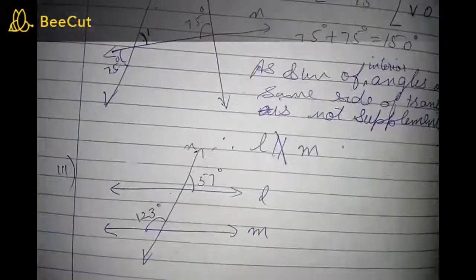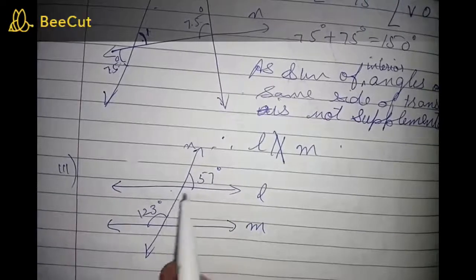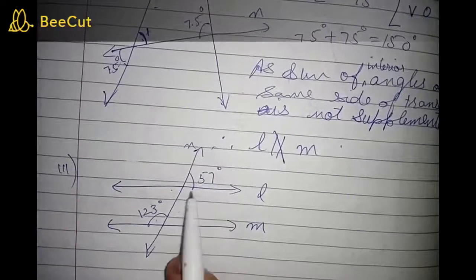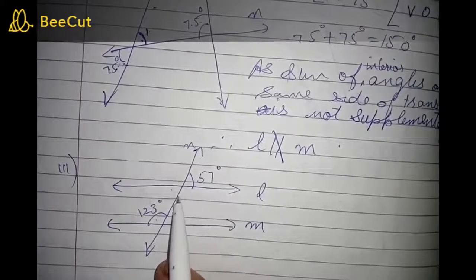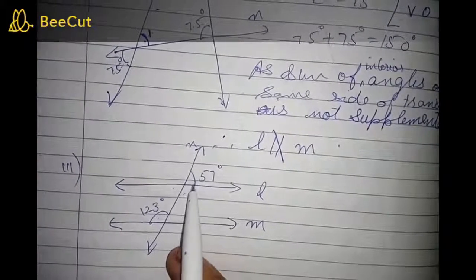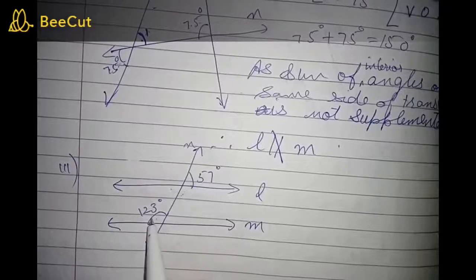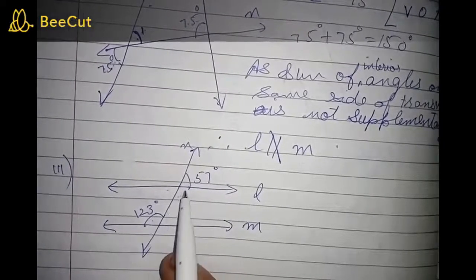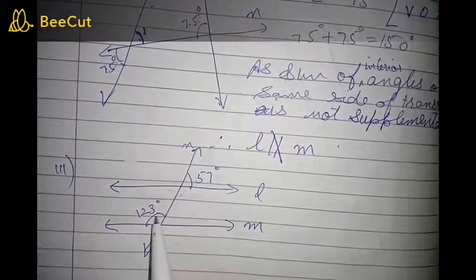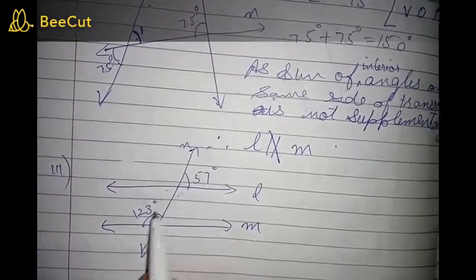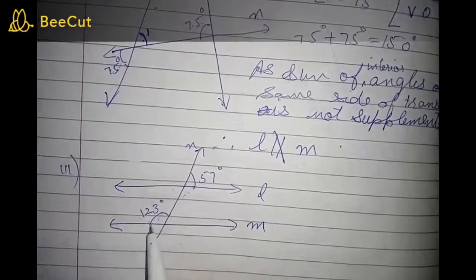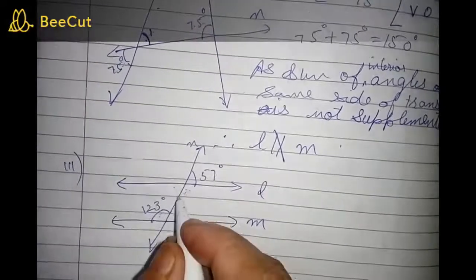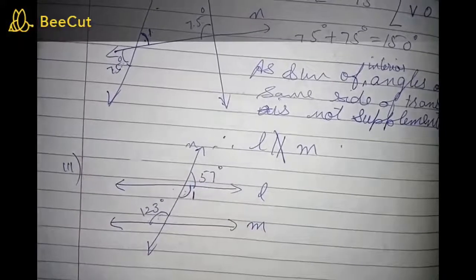Now third part, these angles are given and they have no relation. So first should I find this? Why? Because this and this angle will be alternate interior angles, one on the right and one on the left, and inside the lines. So if the lines are parallel, they will be equal. To find this, I am naming it angle 1.